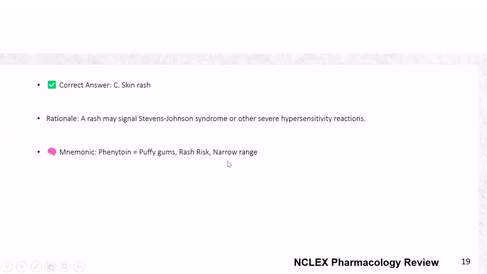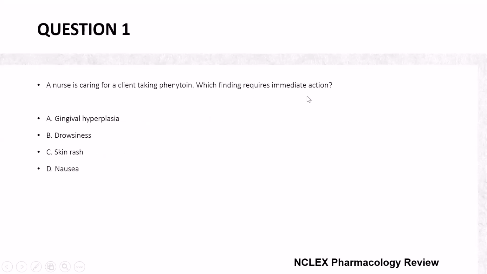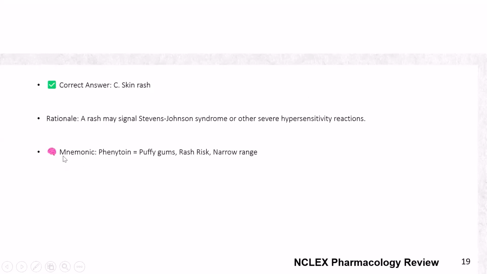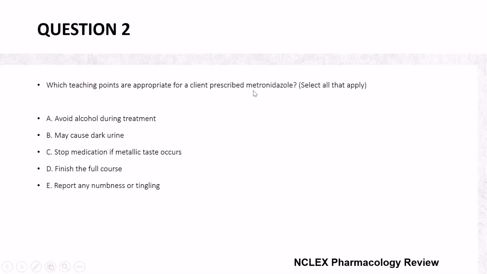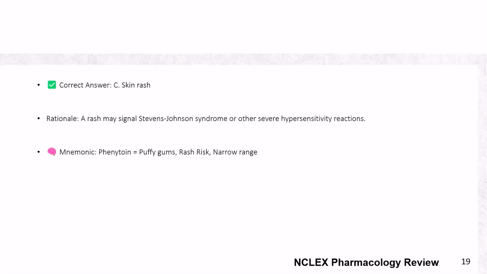So it's important that you know what phenytoin can cause in a client. But this question is asking which one requires immediate action, so that's why the answer is C. It's about what will cause a lot of harm to the client if you do not intervene quickly. I hope we are all okay and there is no confusion here.